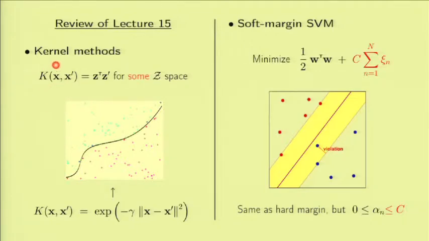And the idea was to define a kernel that captures the inner product in that space. And if you can compute that kernel, the generalized inner product, for the Z space, this is the only operation you need in order to carry the algorithm and in order to interpret the solution after you get it.